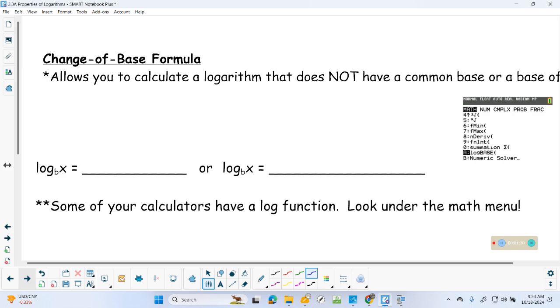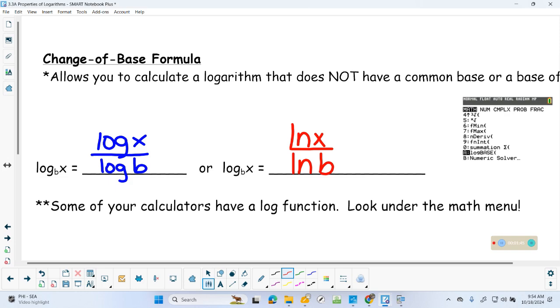To do it, you would just hit your log key of whatever the argument is and divide it by the log of the base number. So even if you forget your graphing calculator, you can still punch them in. Not that you would ever forget your graphing calculator. You could also do it ln style. ln of the argument, remember that's an expression after the log, over ln of the base.